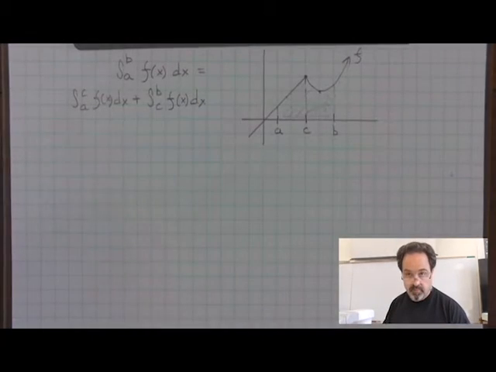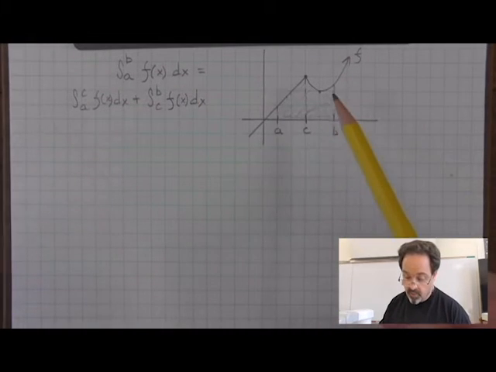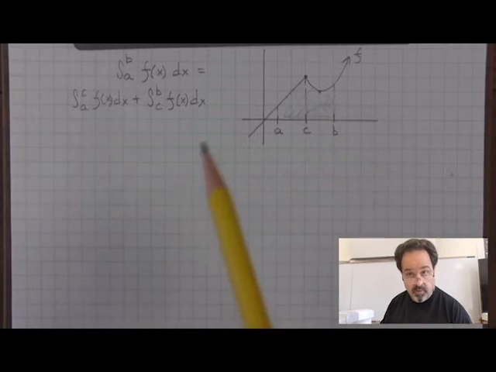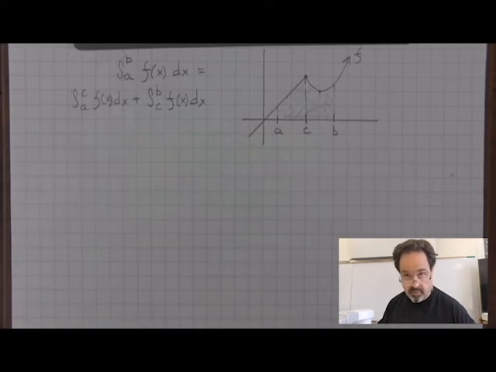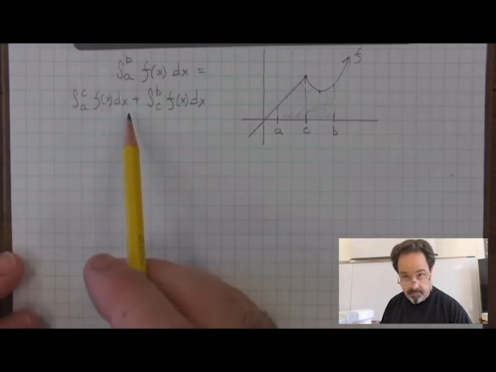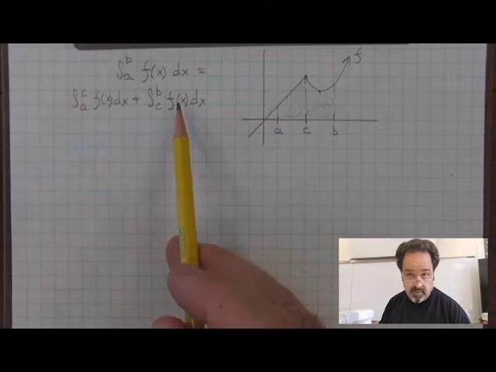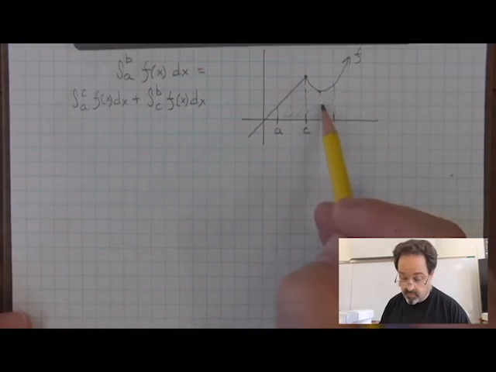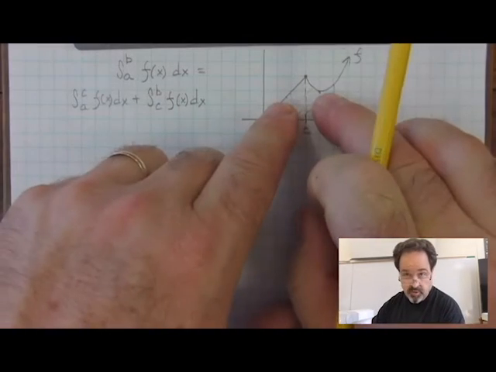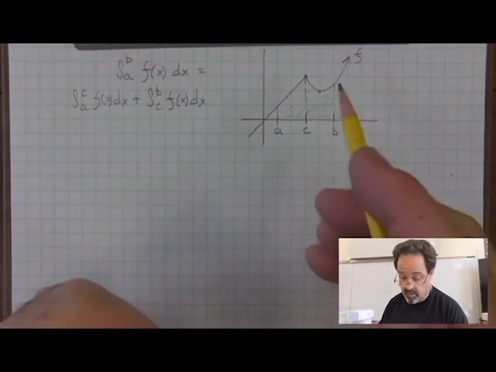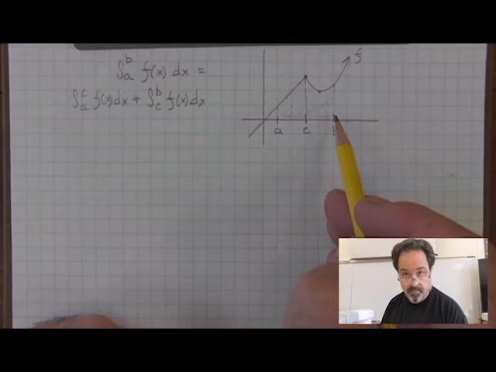In other words, to find the area under a curve like this required separating the integral into two, which can be done. Each of these integrals calculates a different region under a different expression, and the sum then is the entire region.